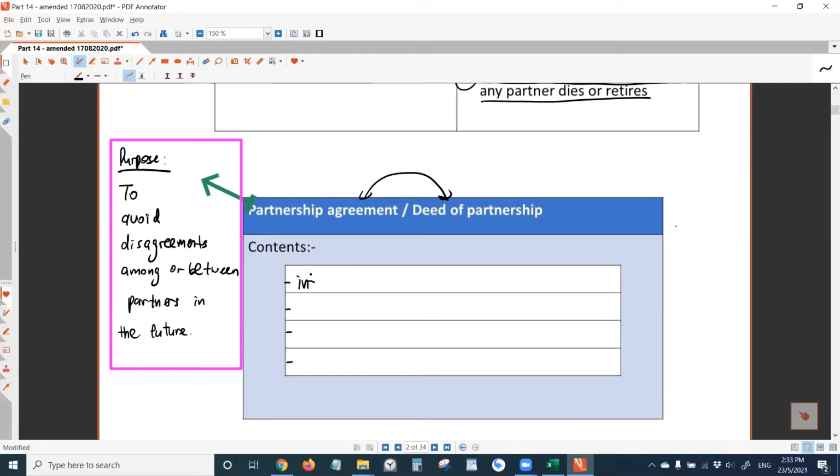Contents in partnership agreement. You write: interest on capital. For now, you just copy. Later, I will explain to you what each of these means.